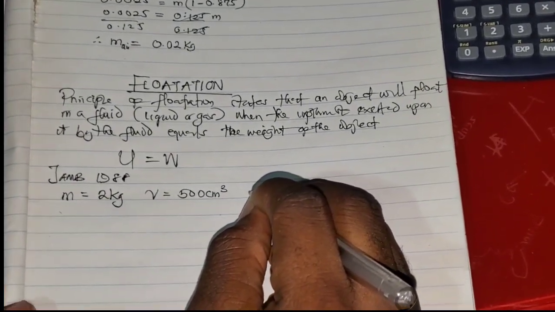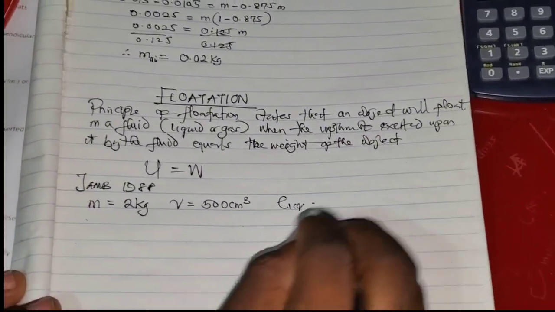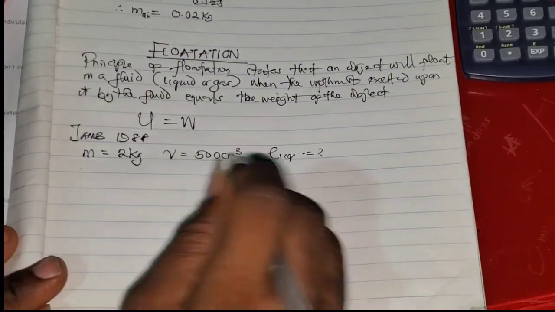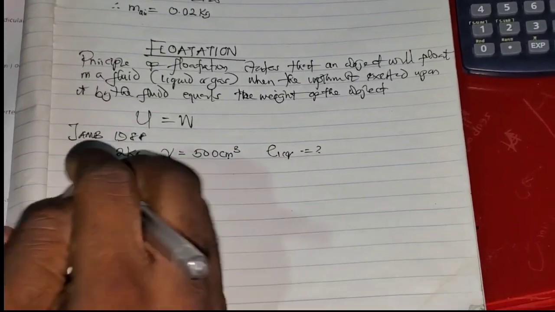Calculate the density of the liquid. So we're looking for the liquid density, and we know that this is centimeter cube. We can't leave it in that way.